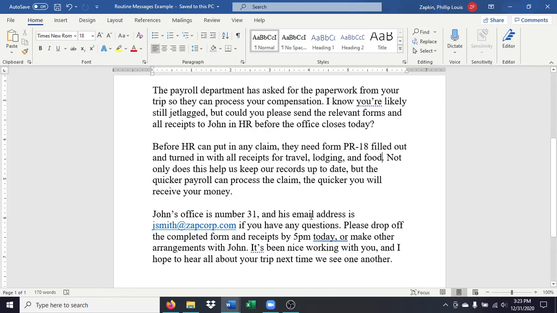And then in the closing, you're going to make sure that any specific details that haven't already been established are established. You're going to give them the contact information if they have any further questions or need more information. And you're going to leave them with something positive, basically thanking them for complying with the message.